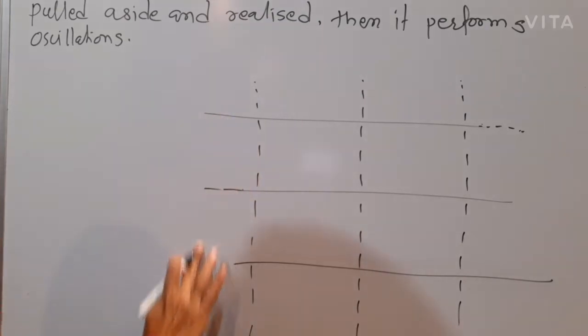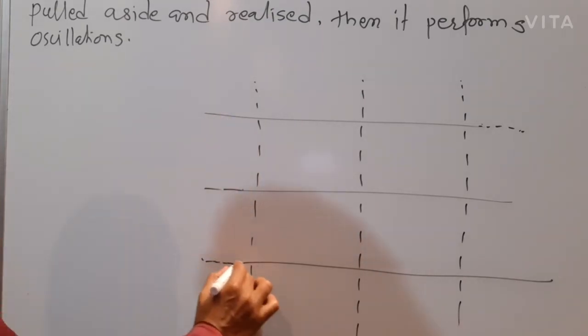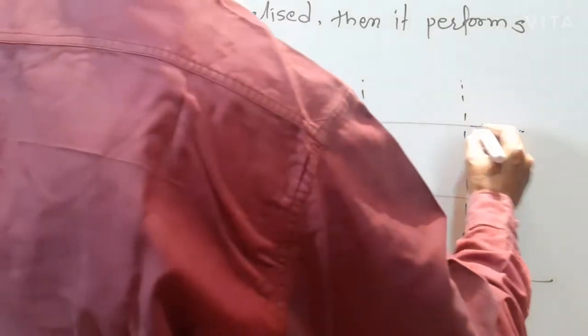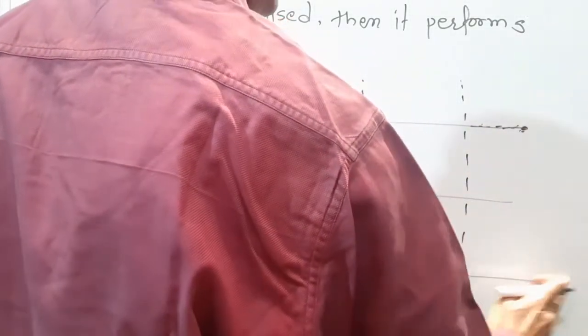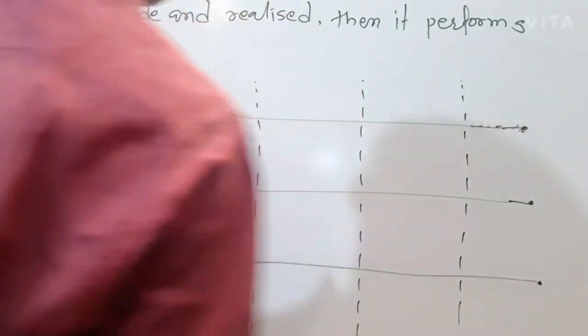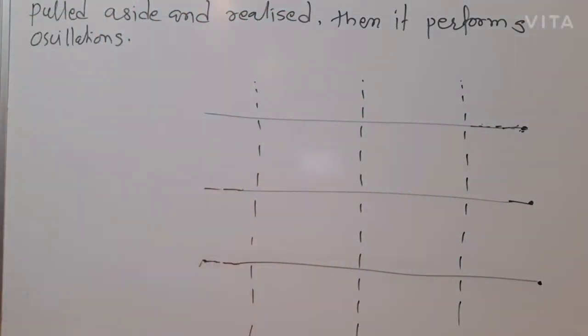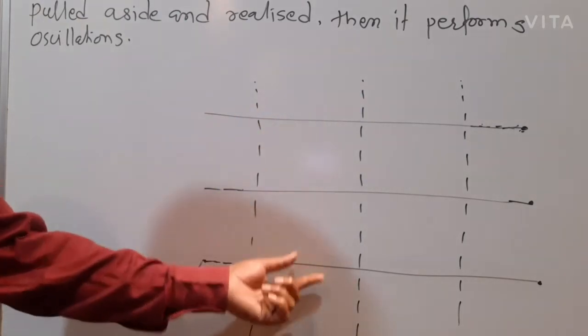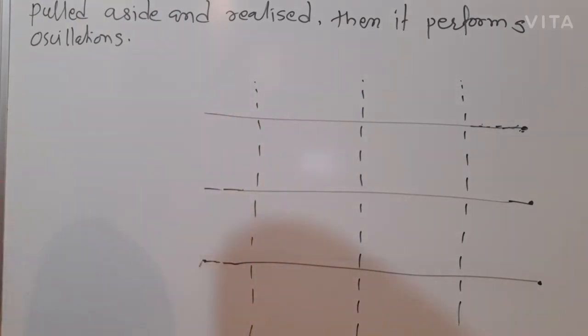The three horizontal lines should start at the same vertical distance and end at the same place. That means the three horizontal lines should be of equal length.